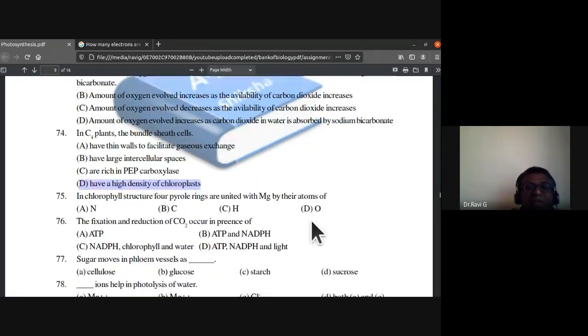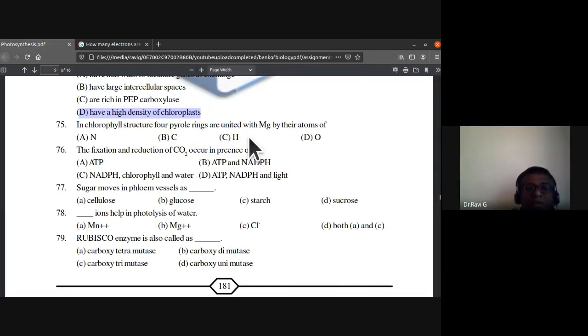75th. In chlorophyll structure, four pyrrole rings are united with magnesium by their atoms of nitrogen. 76th.